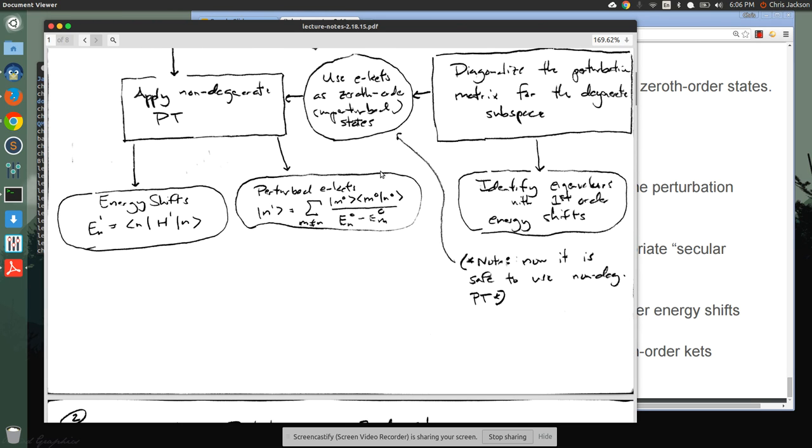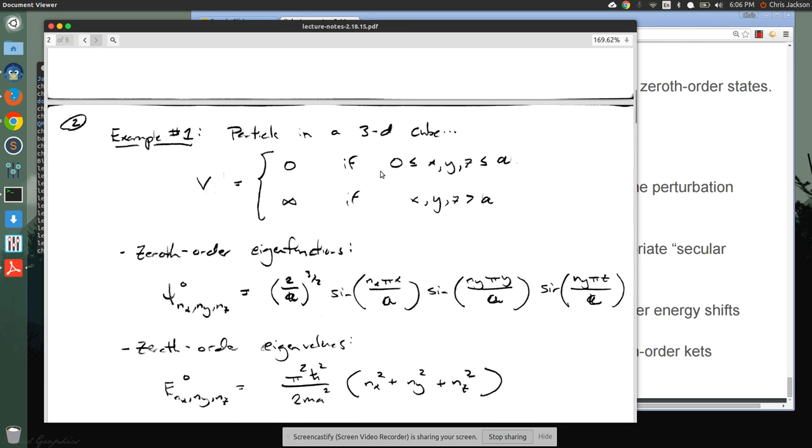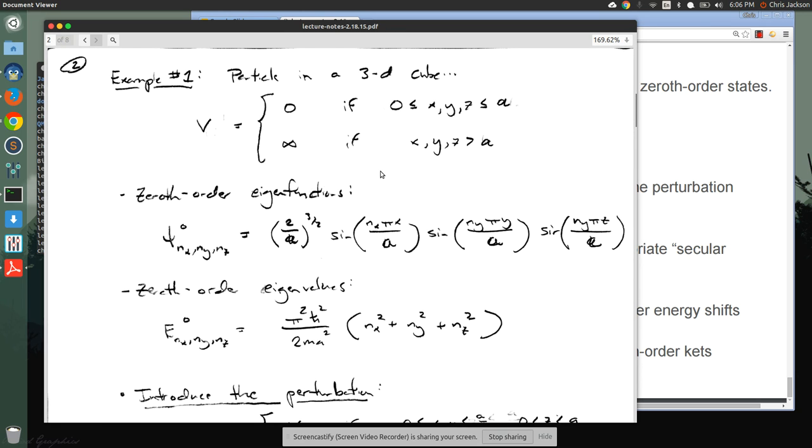Okay, so that's the path of how to decide what type of perturbation theory to apply. We'll see later on that one of the other questions you'll ask is, does the perturbation depend on time? If it does, then you go off and do time-dependent perturbation theory.